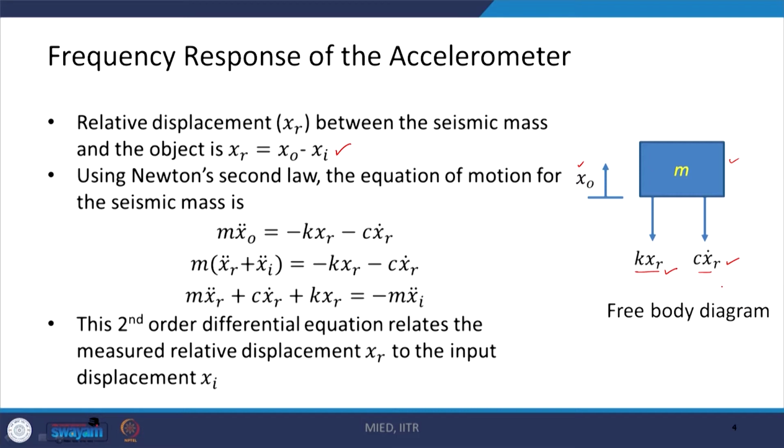I can write the equation of motion for this system. The unbalanced forces are minus k xr minus c xr dot, which are opposite in direction to the motion xo, so I put a minus sign here, and these are responsible for the inertial force, so I put m xo double dot.